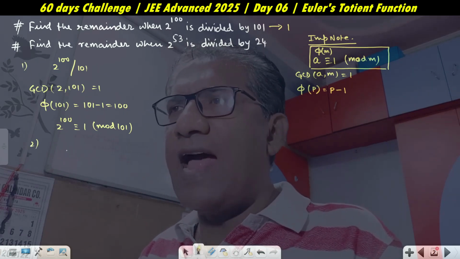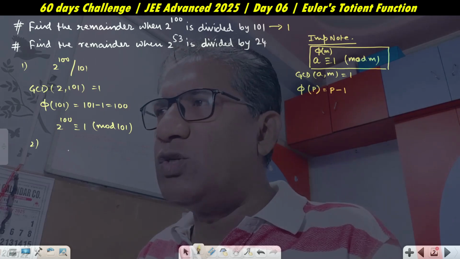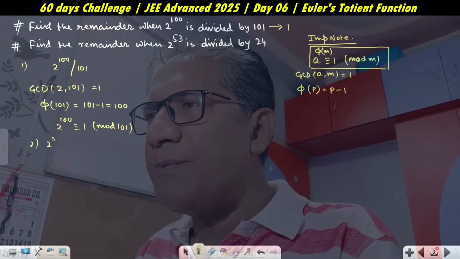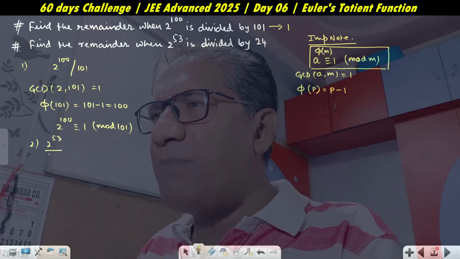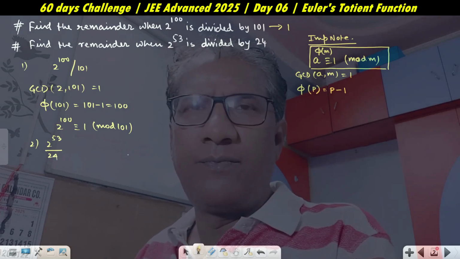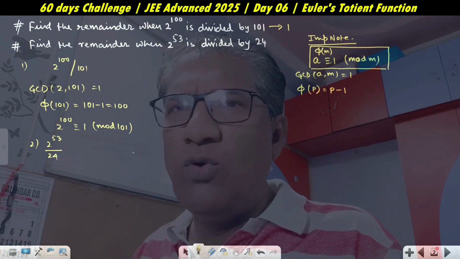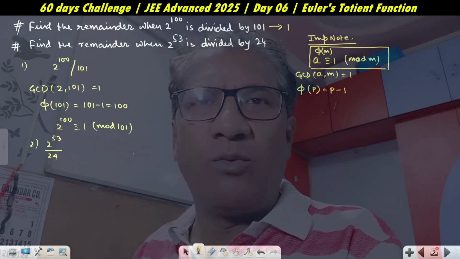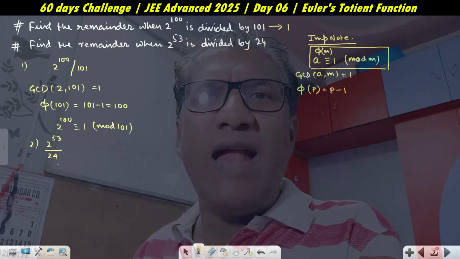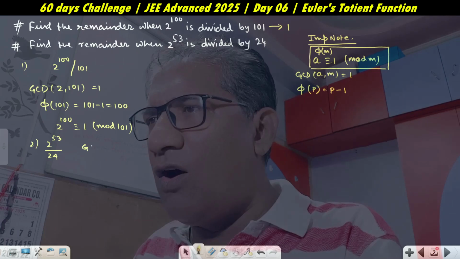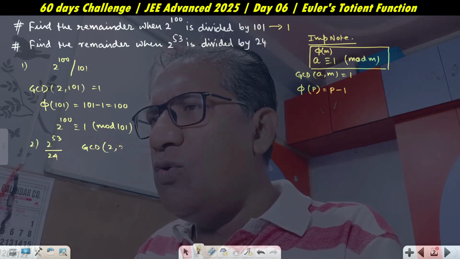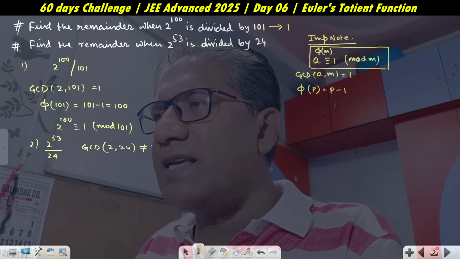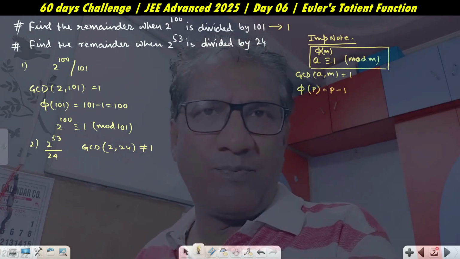It says, find the remainder when 2 to the power 53 is divided by 24. But here we cannot use the Totient function. Why? Because the GCD of 2 and 24 is not equal to 1.